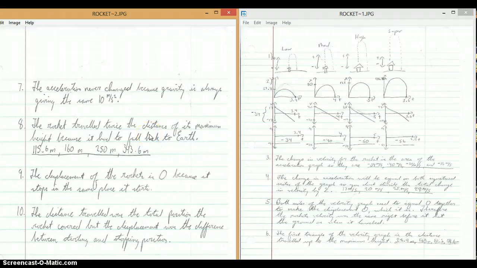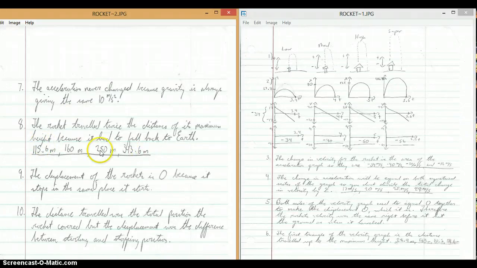Number 8, what is the total distance traveled by the rocket? The total distance traveled by the rocket is when you add the whole velocity graph without the negative sign. So, Mr. Day, please ignore these numbers.